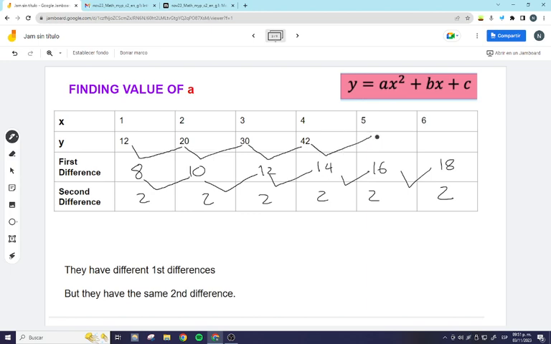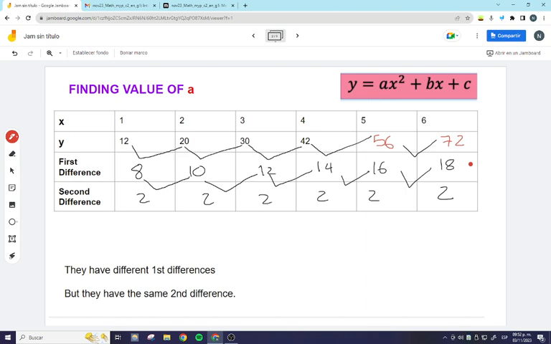From 42 to the next number, there is a difference of 14, so the number is going to be 56, because 42 plus 14 is 56. Between 56 and the sixth position, the difference is going to be 16, so in position 6 there's going to be 72. And this 18 is the difference between position 6 and the next one, but since the table finishes here, we are not going to do any more.